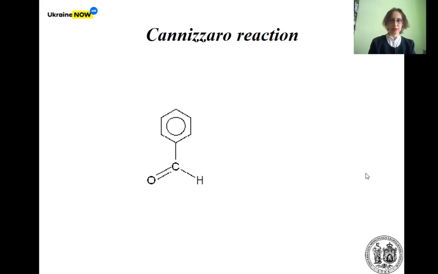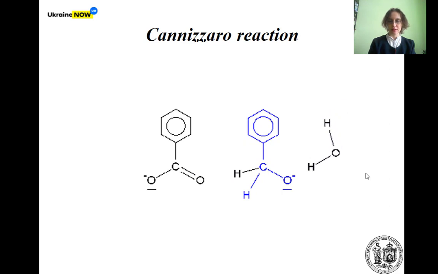And on this picture is shown how this reaction is possible. OH is added, then it takes hydrogen, then the next molecule of aldehyde interacts with this molecule and takes hydrogen, and we obtain carboxylic acid and anion of alcohol, and then hydrogen is added from the water.